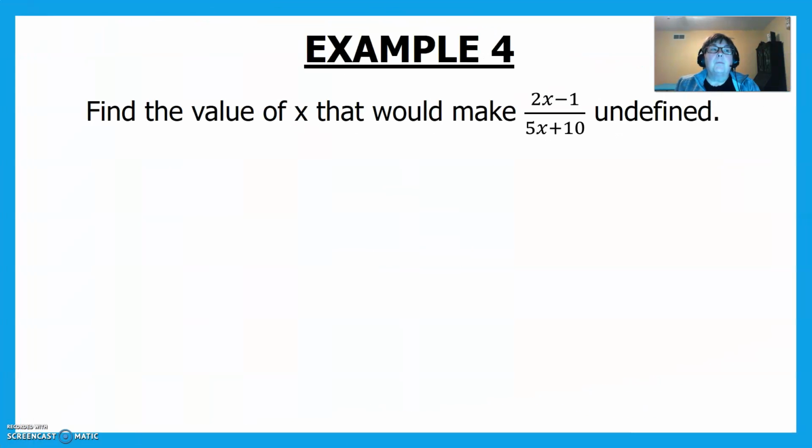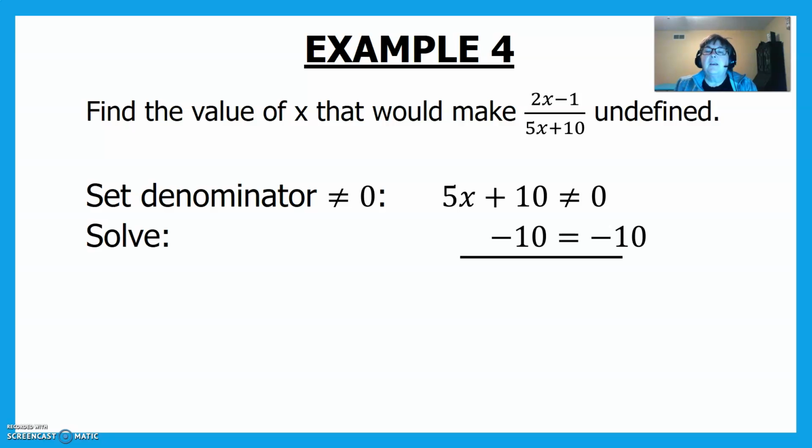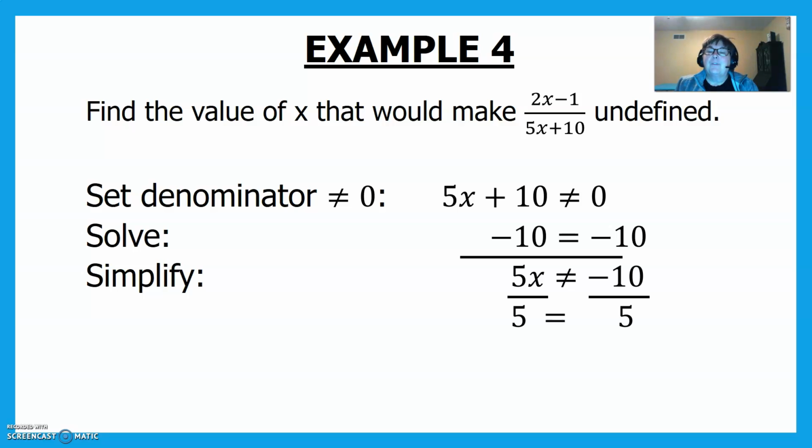And example 4. Find the value of x that would make 2x minus 1 over 5x plus 10 undefined. So again, set the denominator, 5x plus 10 not equal to 0. And I'm going to solve. So the first thing I'm going to do is subtract 10 from both sides. And I end up with 5x not equal to negative 10. Then I'm going to divide by 5 to get rid of that 5 in front of the x.